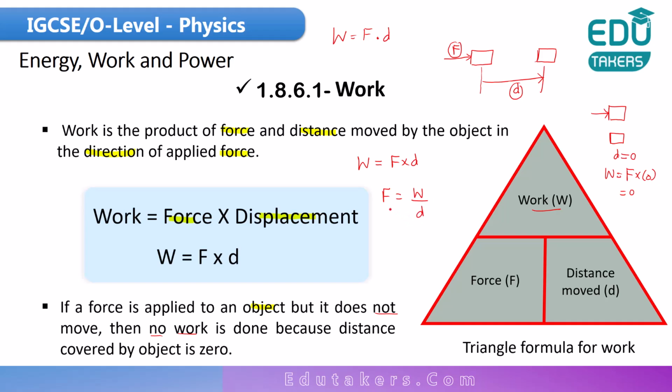At the last, if you need to calculate the distance because the work and force are given, then make the distance the subject. It would be equal to, again the work is appearing at the top, so there would be work over the force, which is appearing at the bottom. So there is F. All of these formulas are used to calculate the unknown quantity when you know the other quantities.